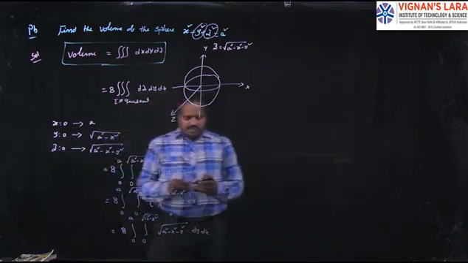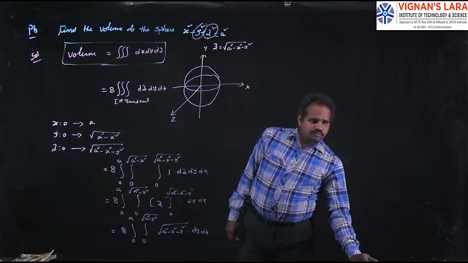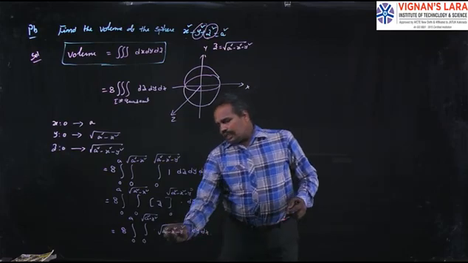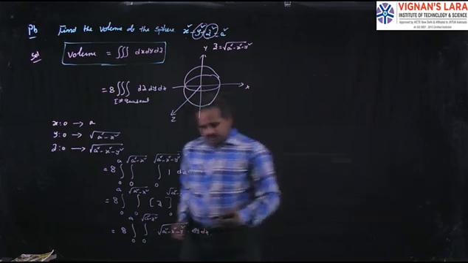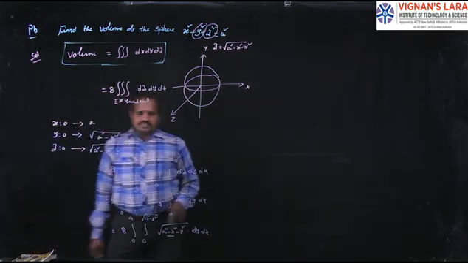Now we have to make the integration of this one. To make this integration, assume this a square minus x square as t square.